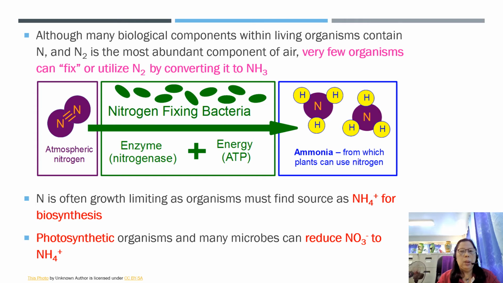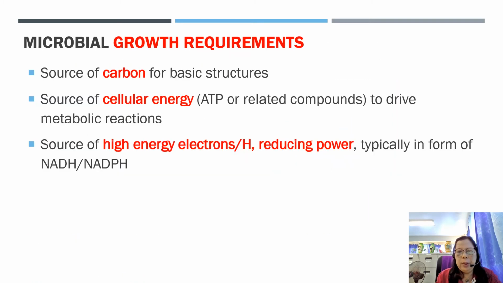So you have here the chemical illustration of how the N2, in a triple bond, is converted by enzymatic activity with the help of nitrogen fixing bacteria, plus of course the reaction of adenosine triphosphate, to form ammonia. The ammonia serves as the nutrient for plants, or what we call fertilizers.